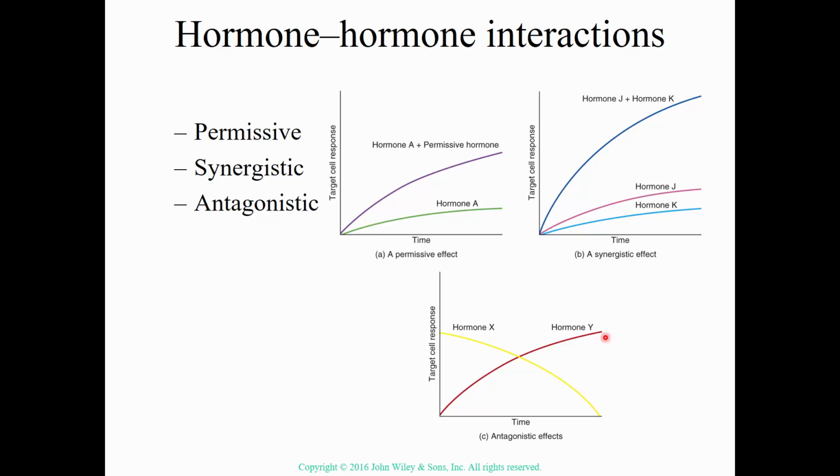So hormone Y could be glucagon, hormone X could be insulin. They are antagonistic because, whoops, I said that backwards, I'm so sorry, so let's start again. Insulin lowers blood glucose level, whereas glucagon raises blood glucose level. And so they're doing the opposite effect, and we call that antagonistic.